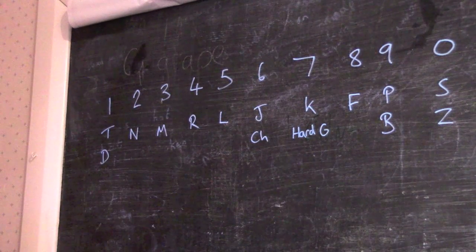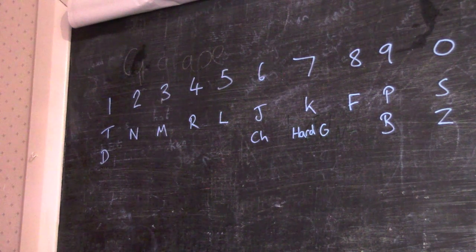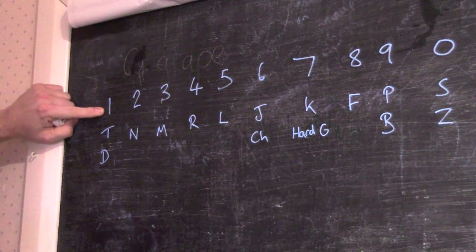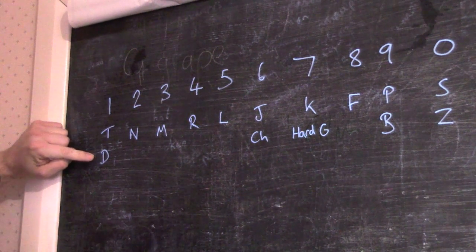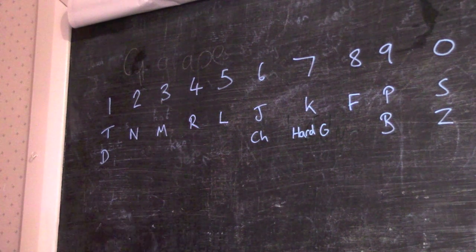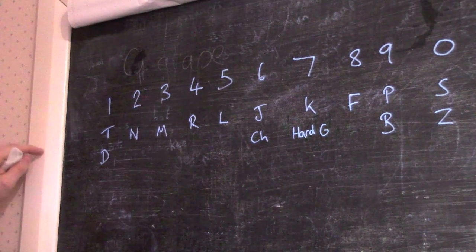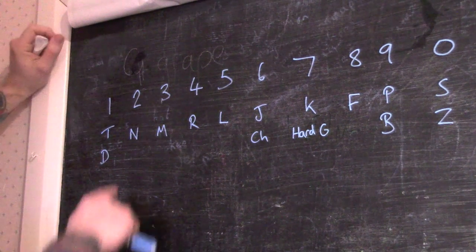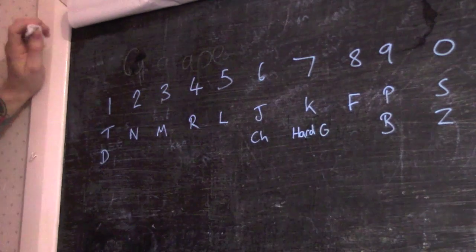In order to remember numbers and number sequences, we're going to assign each number a letter. So the number 1 is going to be a T or D sound, because it's all about the sound. So the word "to", T-O, would represent the number 1, because the O does not feature, it has no number.